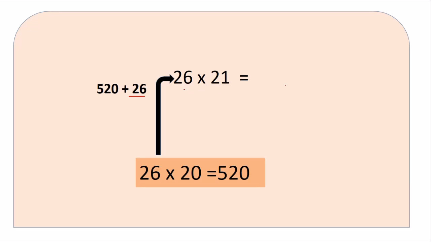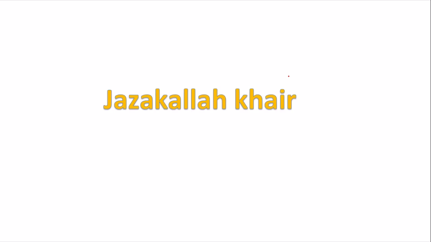So, 26 times 21 is 520 plus 26. 520 plus 20 is 540, plus 6 is 546. I hope the concept is very much clear to you.